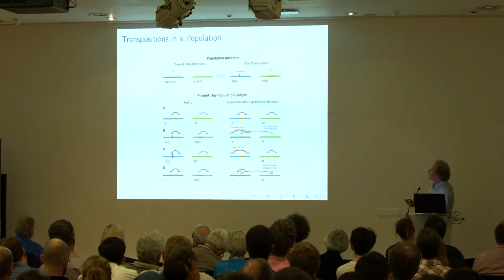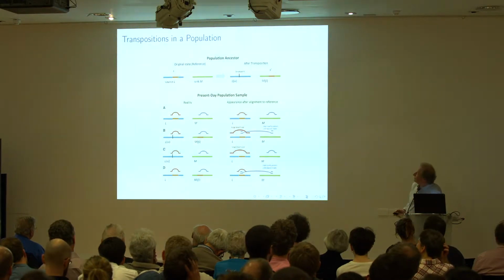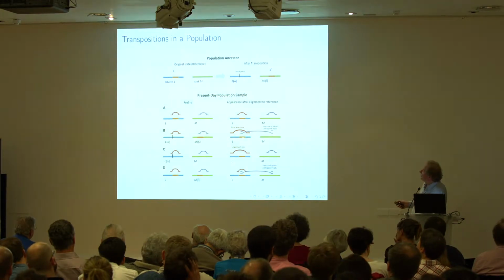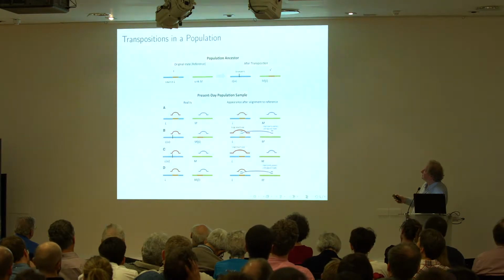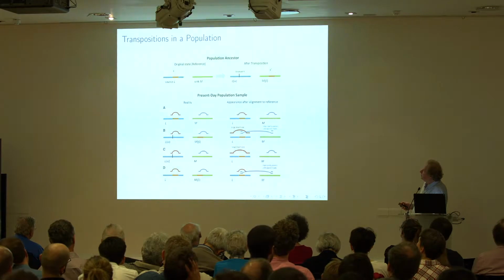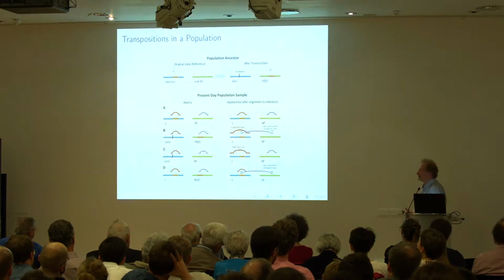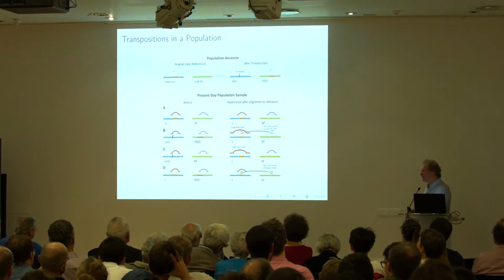Because recombination and random assortment of chromosomes will occur, we'll see essentially all combinations of these 4 states. Then we sequence our population, and we try and map our reads to the reference genome.